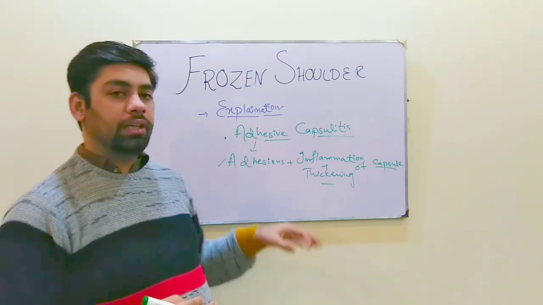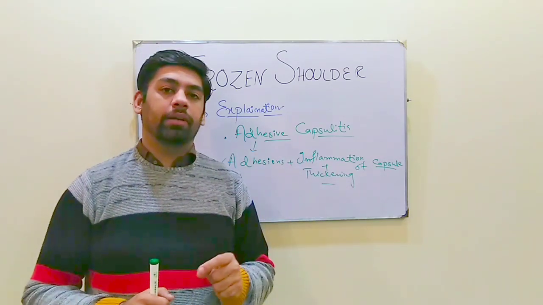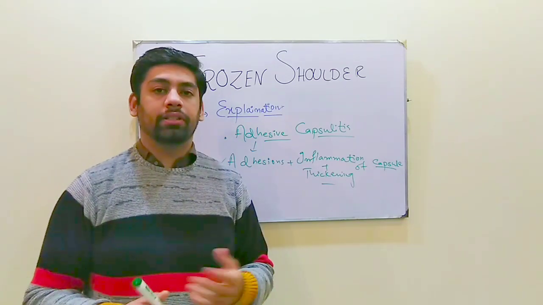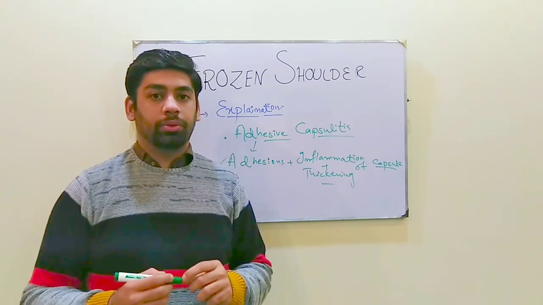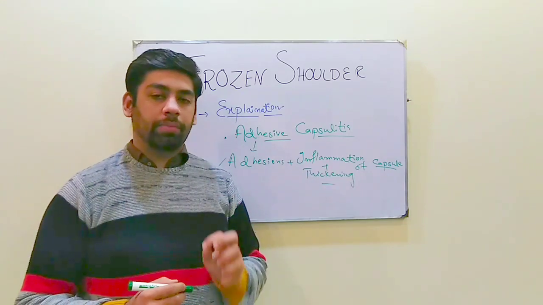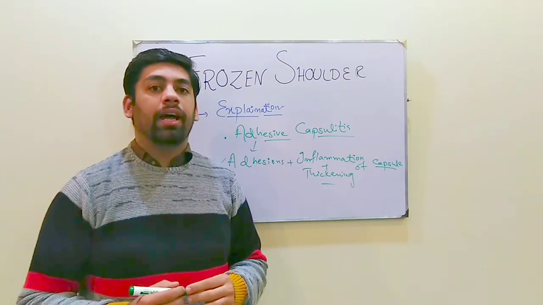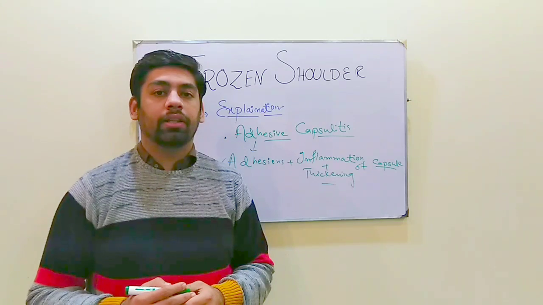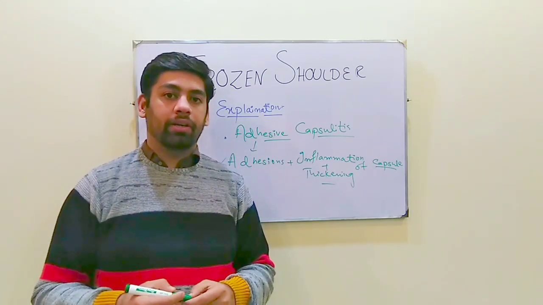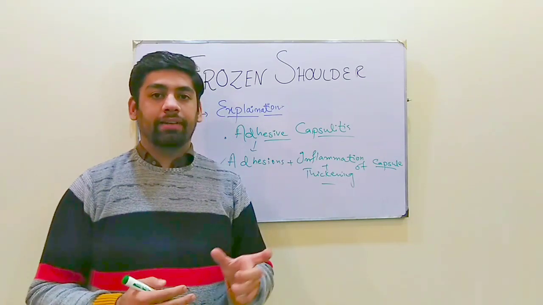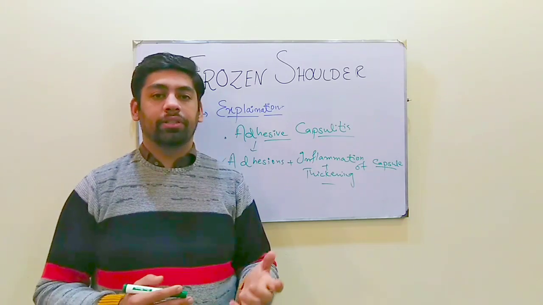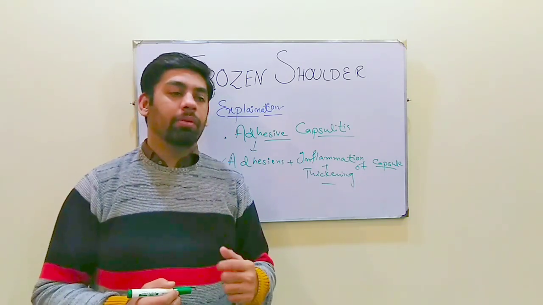Okay, when we see a case of frozen shoulder, it is important to note that every shoulder pain does not mean that the patient is suffering from the frozen shoulder. In the frozen shoulder, primarily the capsule of the shoulder joint is involved, and if the patient presents with movement restriction in the capsular pattern, then we can infer from that fact that maybe the capsule is involved in some way or the other, and the patient might be suffering from the problem of frozen shoulder.